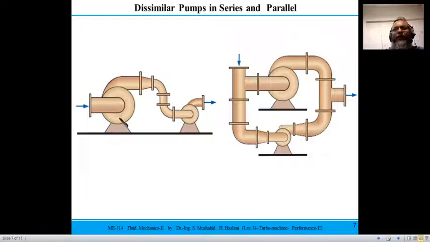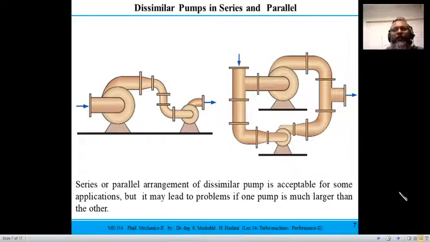Here you are increasing the pressure so that in the end you have some higher pressures. As for the problem when using dissimilar pumps in series or parallel arrangement, we will look more closely into the performance curve at what the problems are.